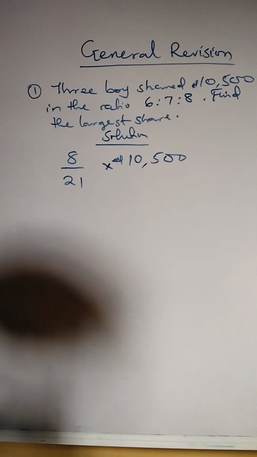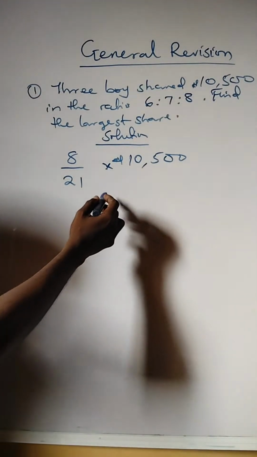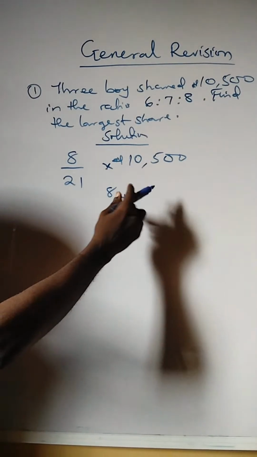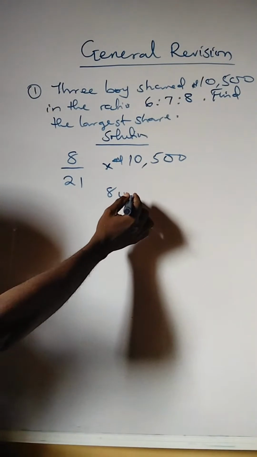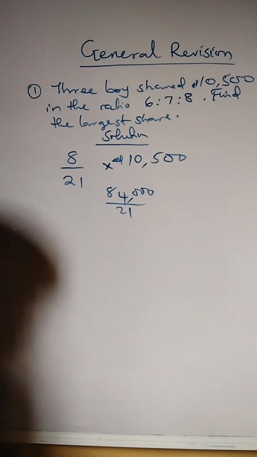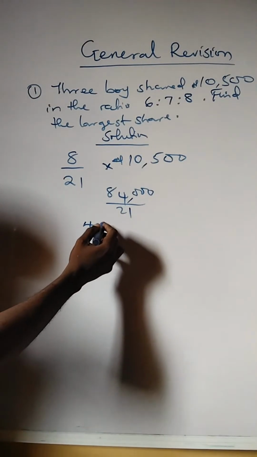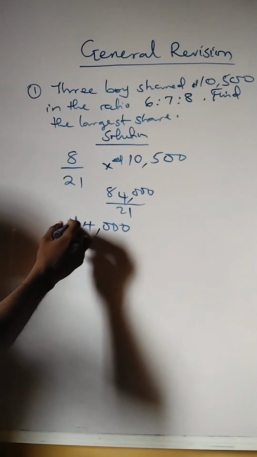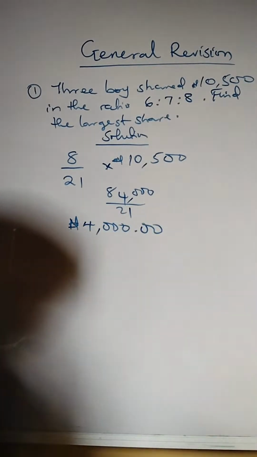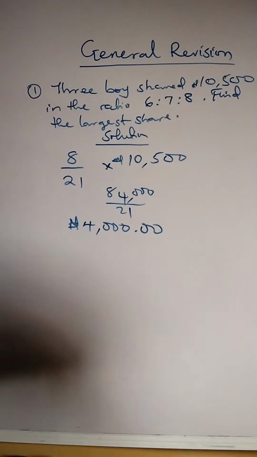So we have 10,500 times 8, which is 84,000. 84,000 divided by 21 gives us 4,000 naira. So the highest share here is 4,000 naira. Okay, now let's consider another question here.